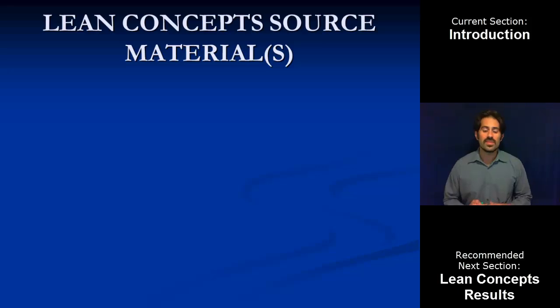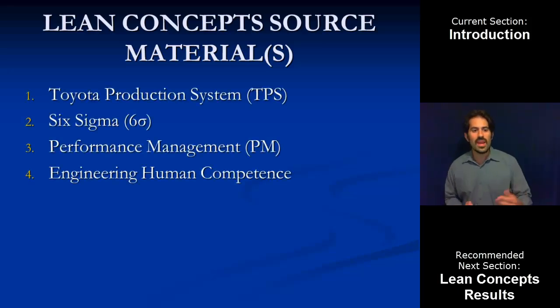Now, Lean Concepts does pull material from a number of different sources that allows this program to cover the technical side, the philosophical side, the management side, that human development side, in depth and with a broad, well-rounded, inclusive program. The main schools of thought that material is pulled from is Toyota Production System, which is TPS.